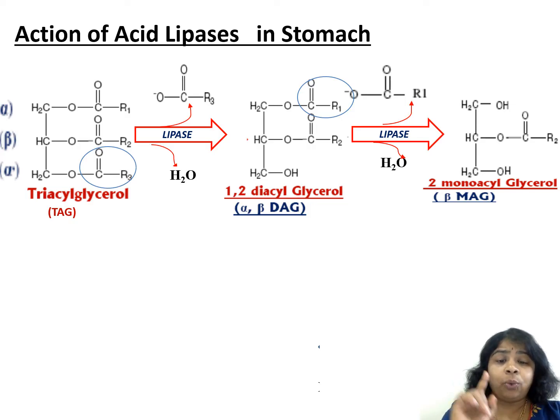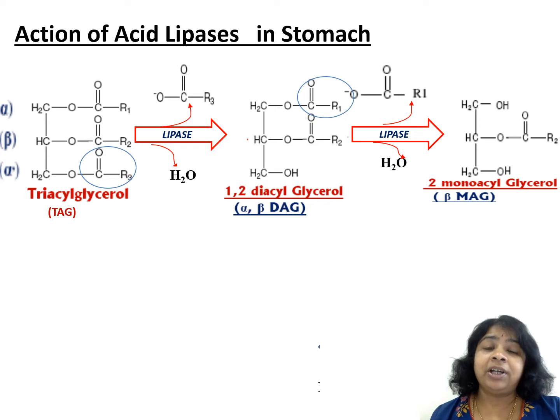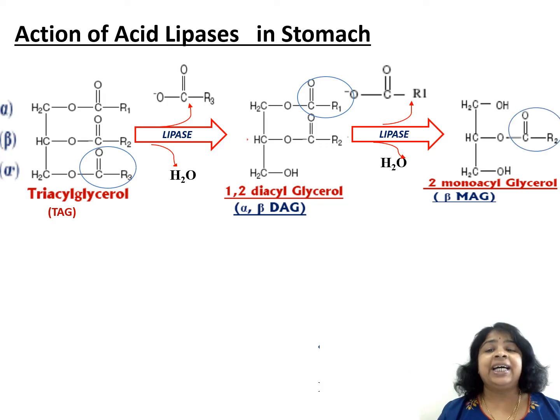Now, one limitation of lipase is it cannot act at position C2. It cannot hydrolyze the fatty acid that is present at position C2. So that is why this fatty acid has to be shifted, or there is a molecular rearrangement that is required for further action of lipase, and that is possible by an isomerase.